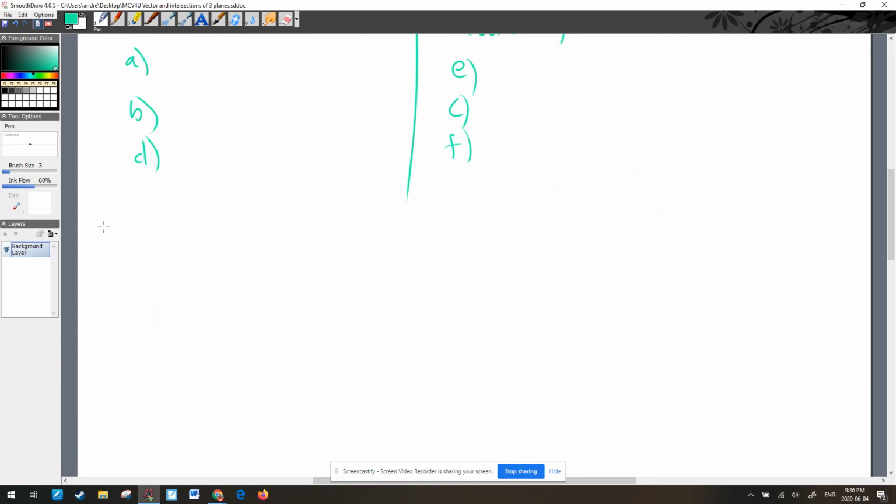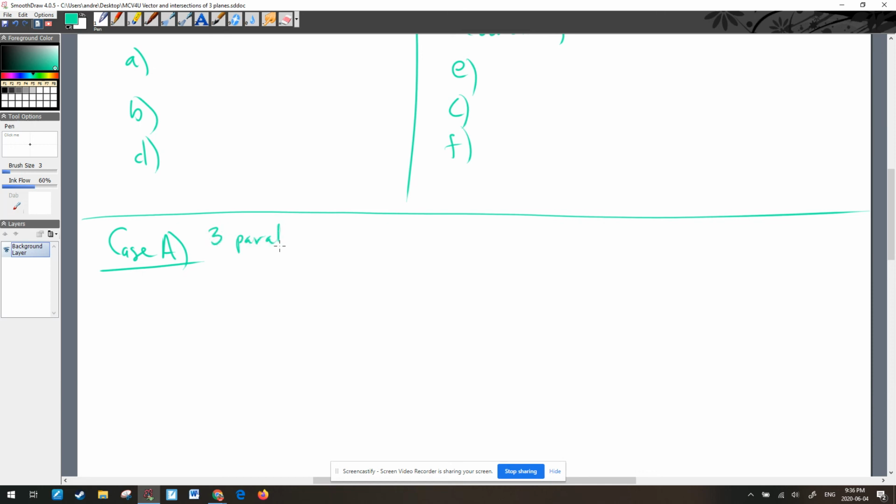Imagine that you did some work. If we think about case A, case A is three parallel non-coincident planes.